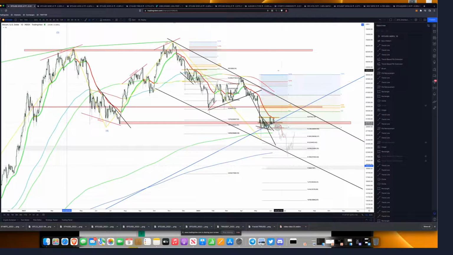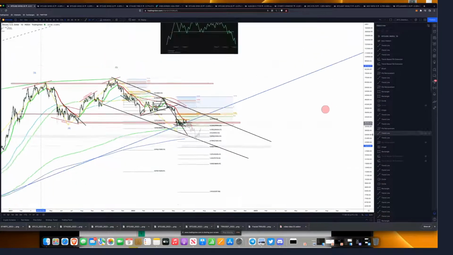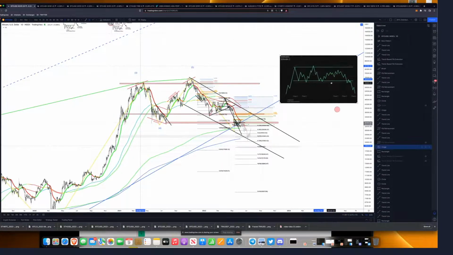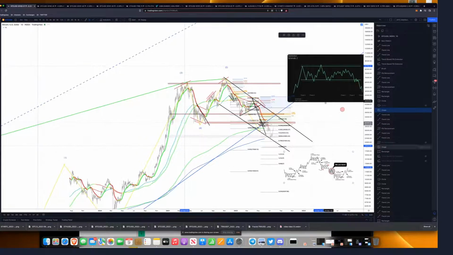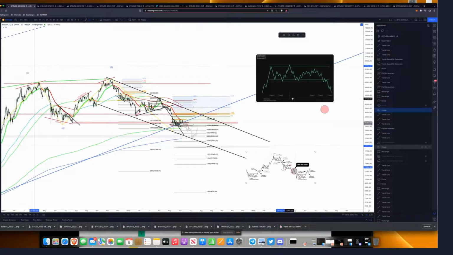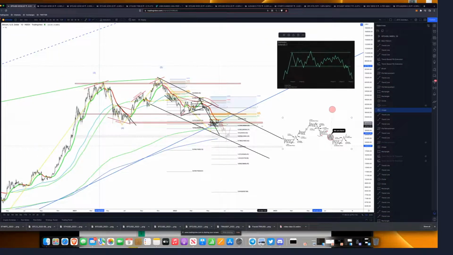So what we have is an image. That image is here, and the other image is here. So let's have a look at these two images, and then we're going to correlate to this.